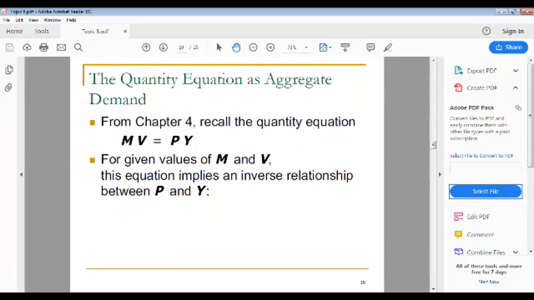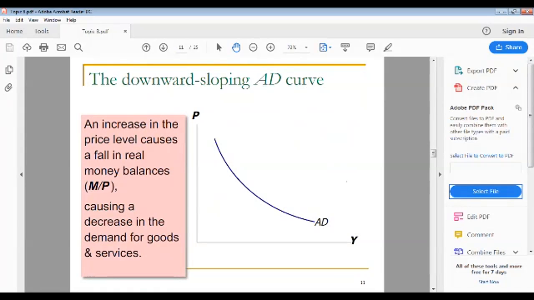Then what we see here for our aggregate demand curve is that it's not necessarily that as the price level falls, people buy more, which is our way of understanding the demand curve. This is different. What this is saying is that as the price level changes, people's demand for real money balances changes.